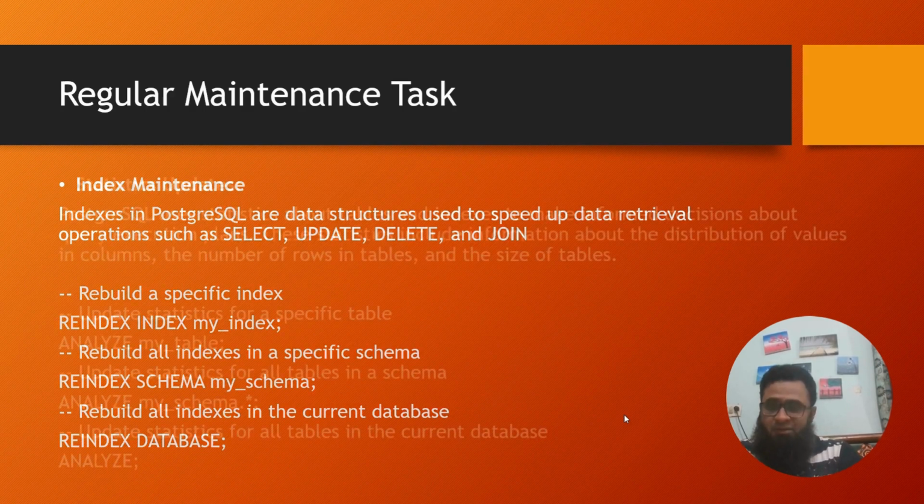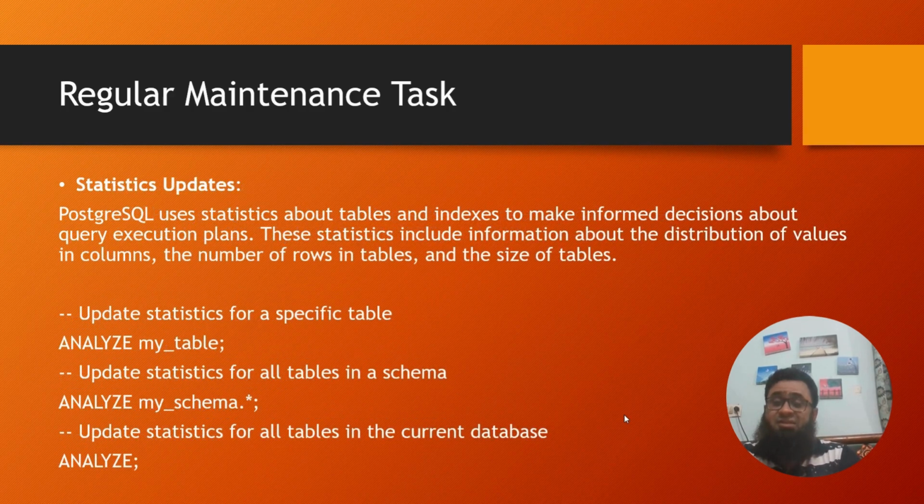The last one is statistics. That is a very important option, because by the use of statistics, Postgres makes decisions on how to execute our query, and Postgres can create a better plan for execution of our query.